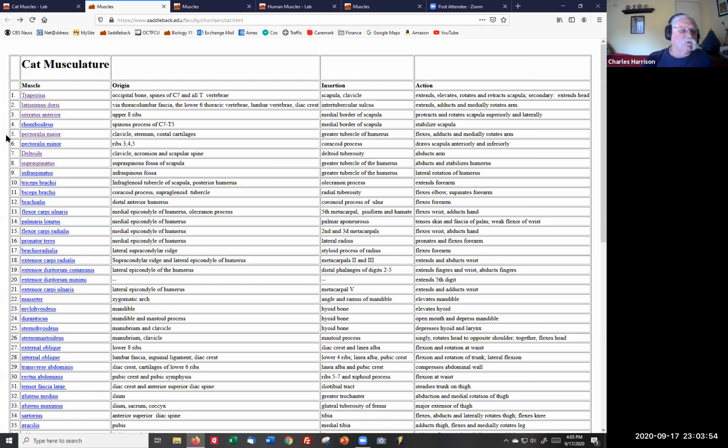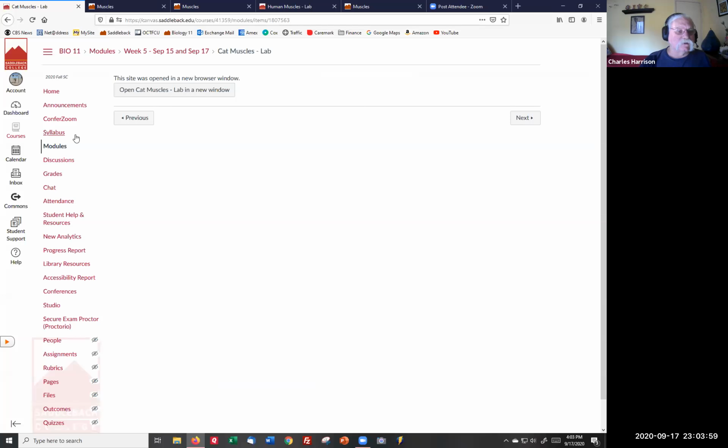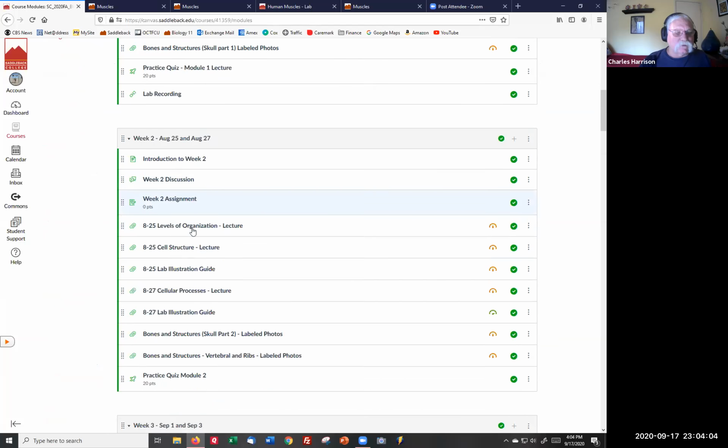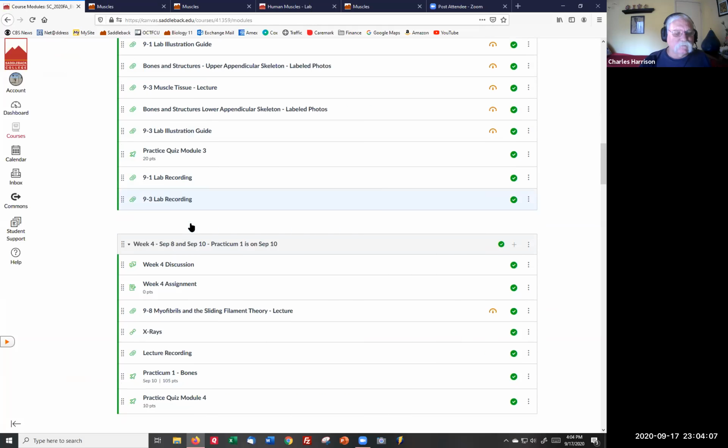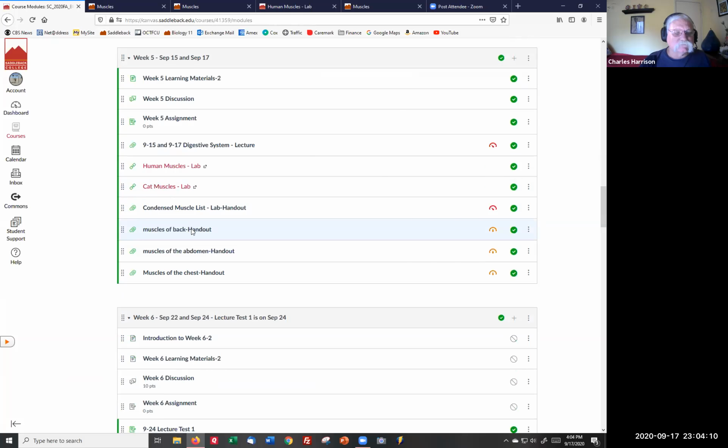Okay, so that takes care of the first 12 there as well. And that's a good start. Let me show you the new material I've added. This is the version of the back muscles, abdominal muscles, and then the third one, chest muscles of the cat.